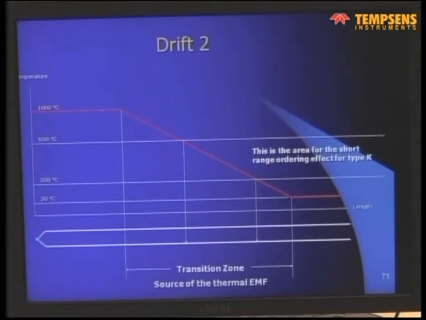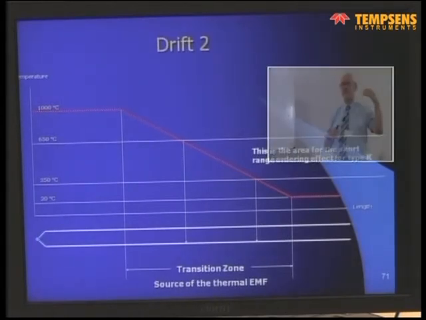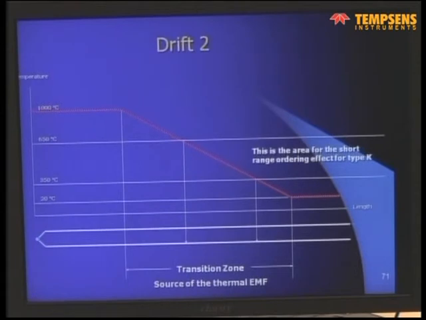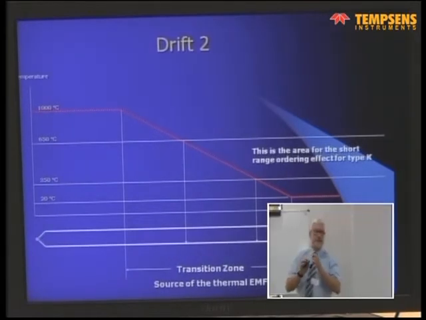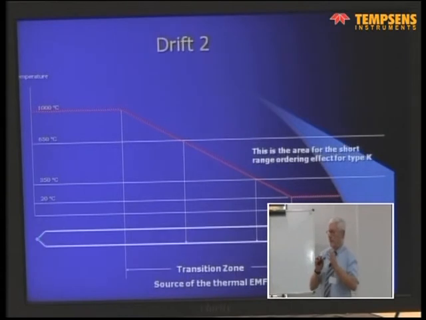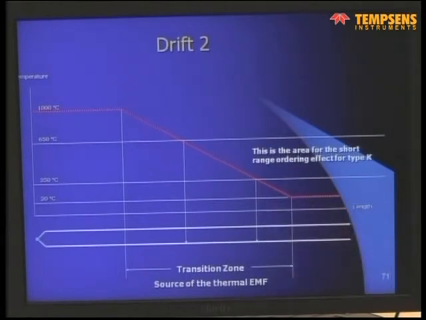Okay? And unfortunately, especially for type K thermocouples, in this area between 350 and 650 degrees, the crystalline structure of the nickel-chromium leg and the nickel leg change. And with changes in the crystalline structure, from the thermoelectric side it is not the same material. So it causes a mistake.